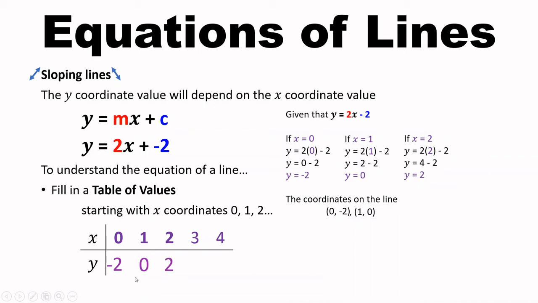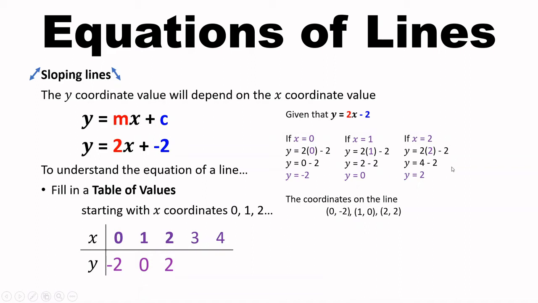We should have a pattern forming here. That's why we need several points to make sure we can figure out what the rule is here. Now that we've got this x and y value, we've got another point on the line, the point (2, 2). Do you see what the rule is yet? If not, let's try another point on the line.